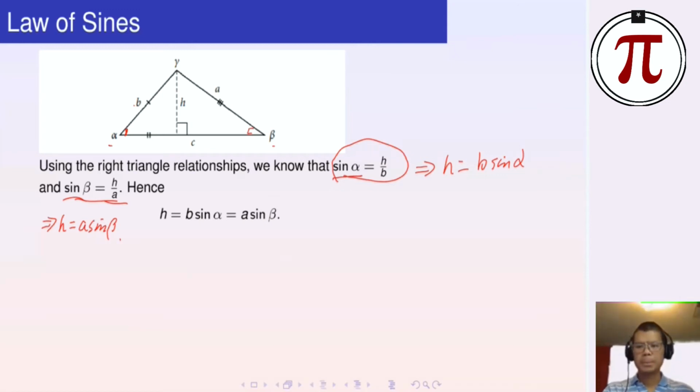Based on two different right triangles, I got two equations for the height. So h equals b sine alpha equals a sine beta. Does that make sense?